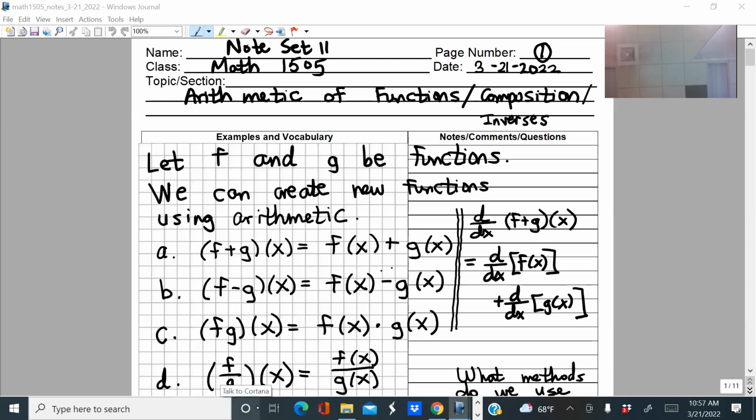Now, in practice, however, we usually don't go in this direction. We don't start with two existing functions and then add them or subtract them or multiply them or divide them to create a new function. We usually go the other direction. We'll be starting with some given function that may be kind of complicated, for some reason.